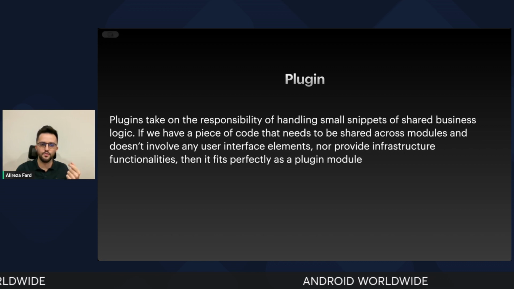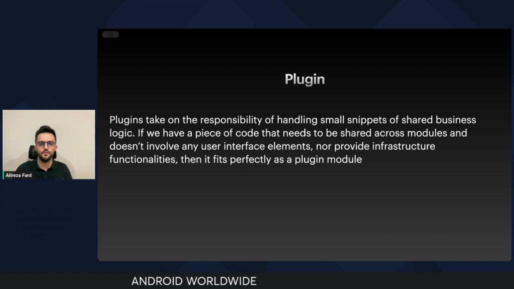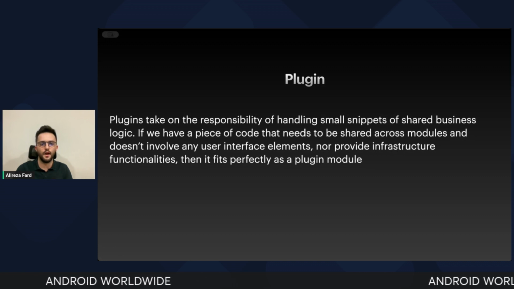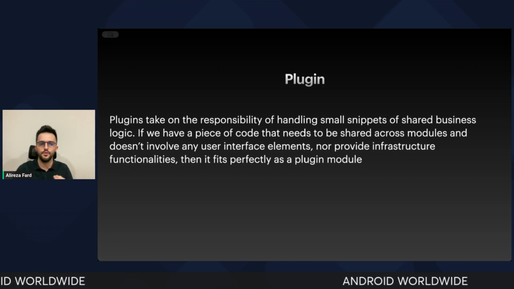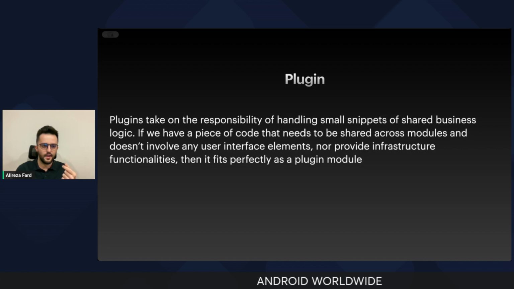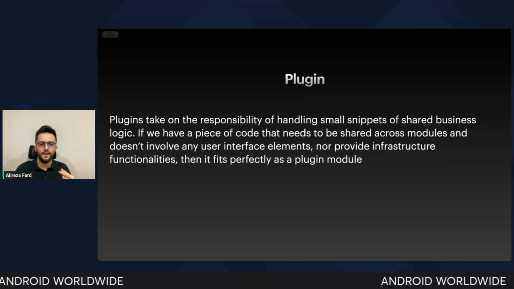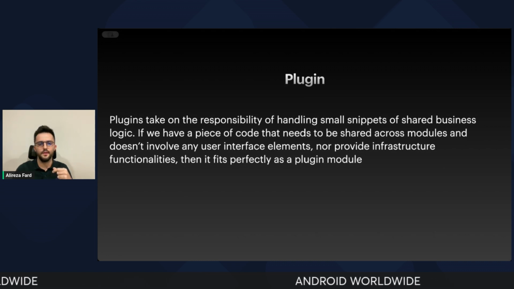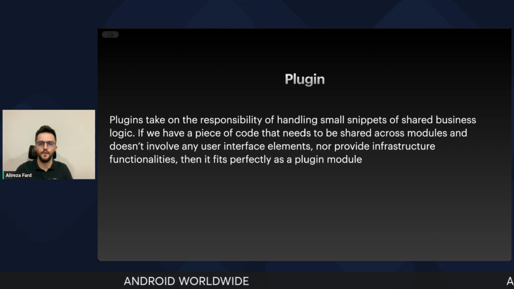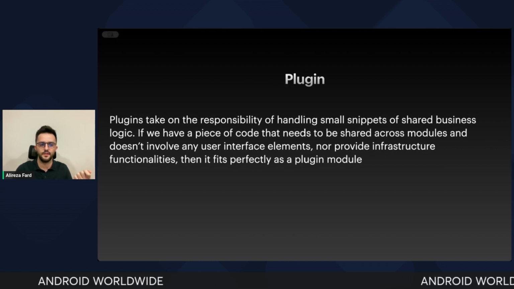Or if you are using third-party services, for example Firebase, and you want to migrate to another service, you need to refactor each feature. However, with a plugin, you can encapsulate it inside of one module, and you can implement all of the logic inside of that. And like a plugin, you can plug it into any feature you want.